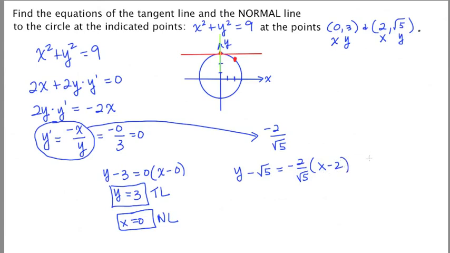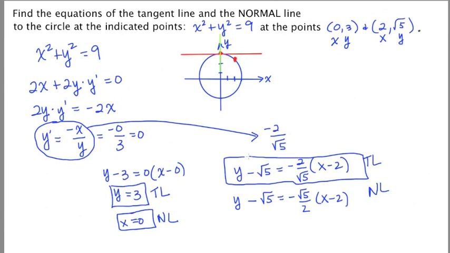That will be the equation of the tangent line. Now if I want to find the equation of the normal line, I'm going to have to take the opposite reciprocal. Not really a big deal. This is going to be negative root 5 over 2, x minus 2. So our first equation was for the tangent line, and our second equation was for the normal line.